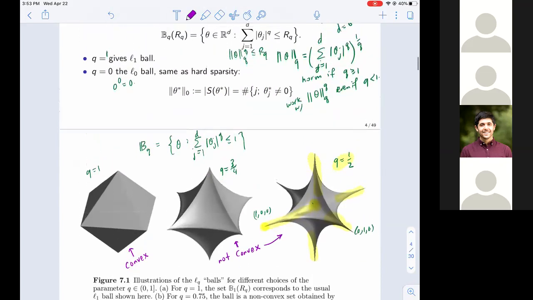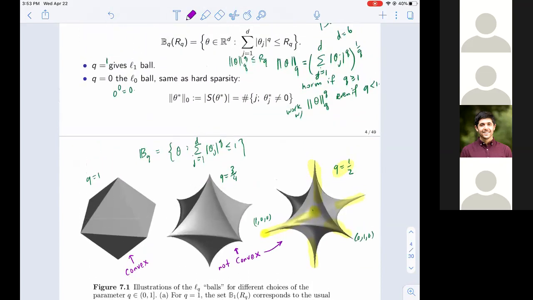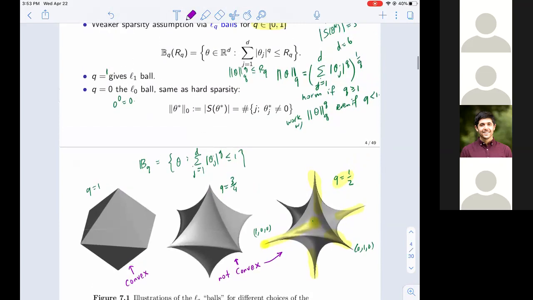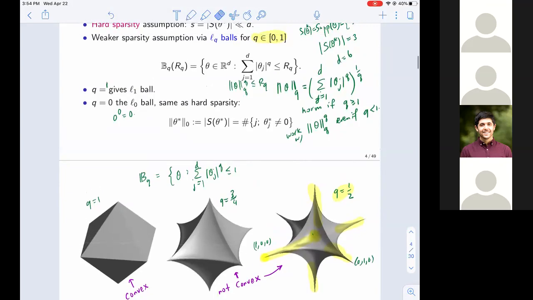But you can see they enforce sparsity more strongly. If you're forced to be in this ball, then you're guaranteed to be more sparse, in a sense, than if you're guaranteed to be in the L1 ball. But optimization is a different issue.